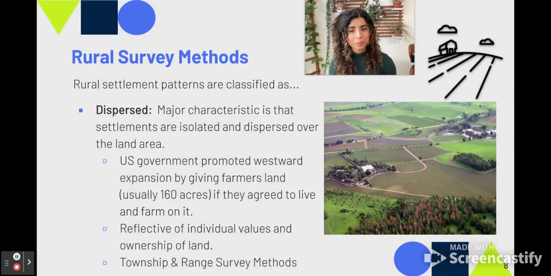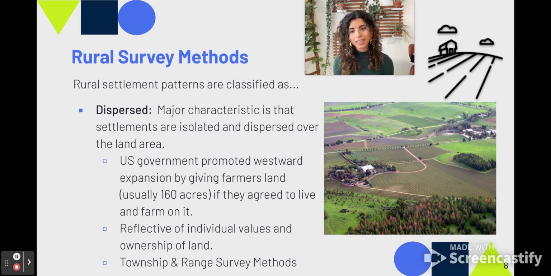We also have dispersed. This idea that these farming settlements are kind of isolated, meaning that there's not much around them besides maybe their own farm, and then dispersed over a large area of land. One example that we see this with was during westward expansion during U.S. history. The U.S. government was trying to convince people to move out west and develop it.